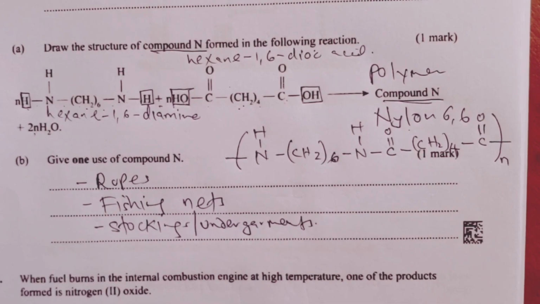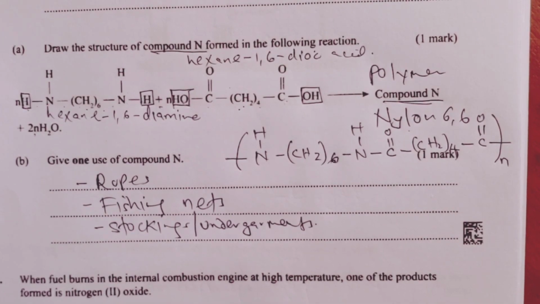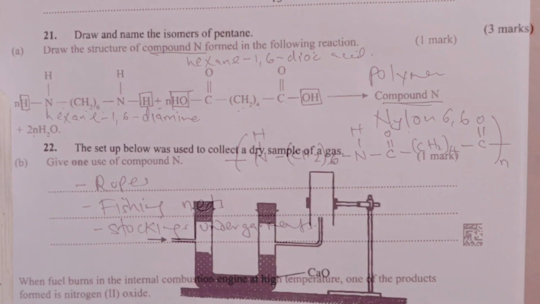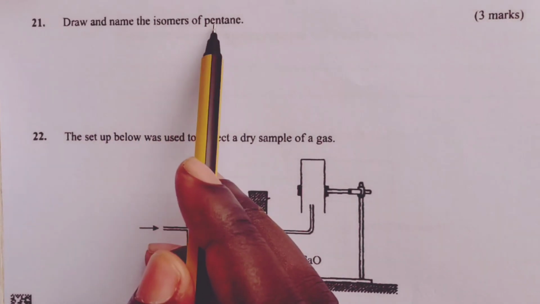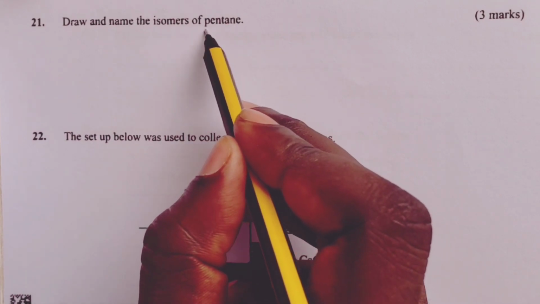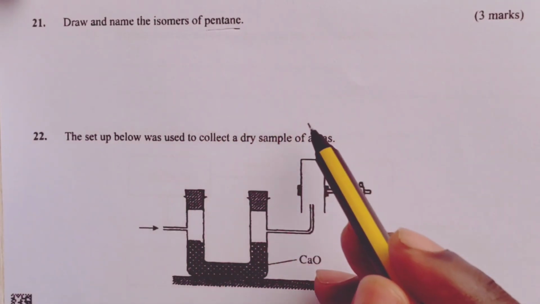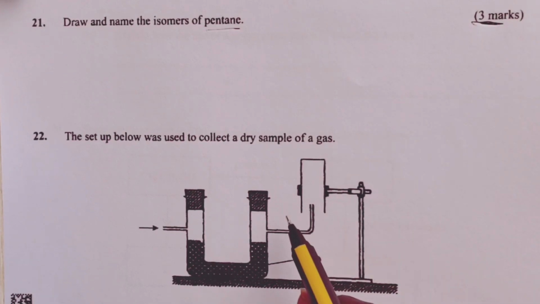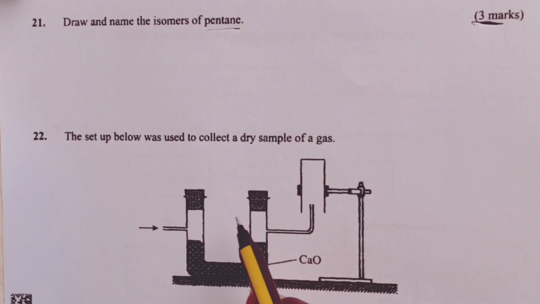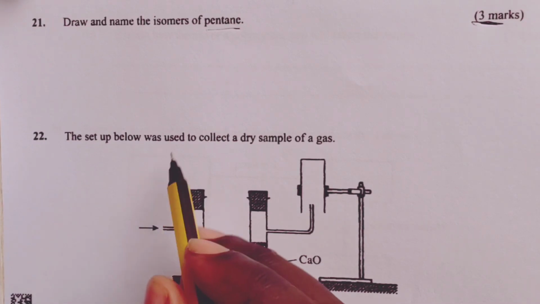Let's then proceed to 2016, question number 21. Draw and name the isomers of pentane. This is an alkane with 5 carbons, and because we have been awarded 3 marks, we were expected to draw at least 3 isomers.